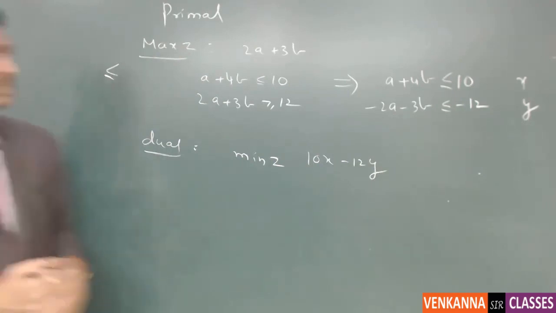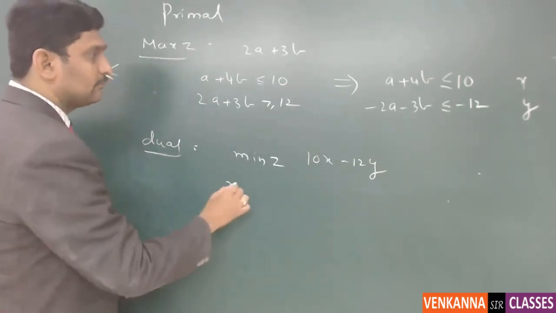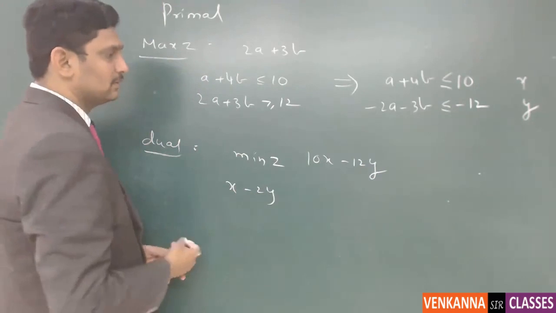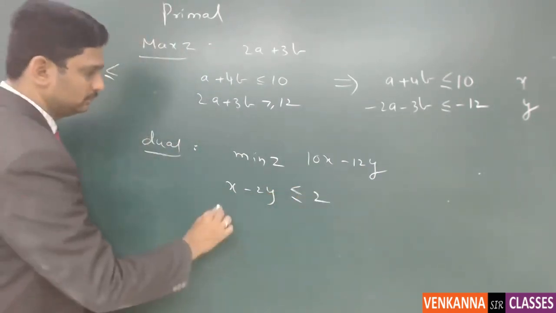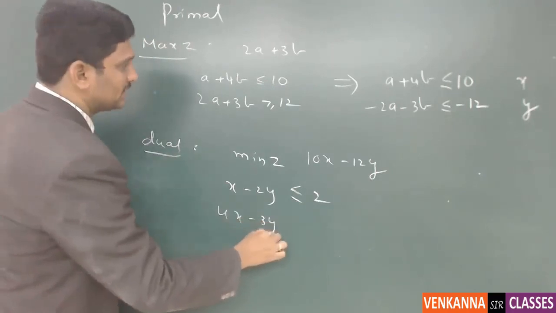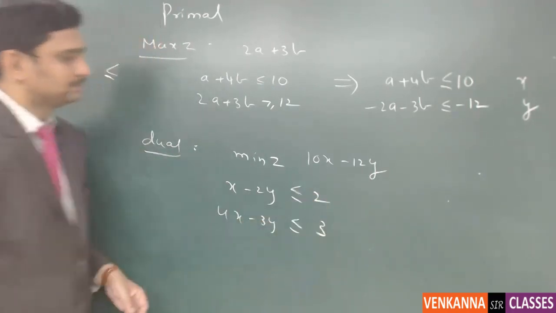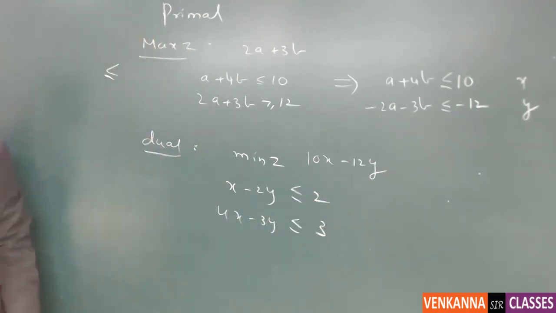Subject to the constraints that x minus 2y is less than or equal to 2, 4x minus 3y is less than or equal to 3. This is my dual problem. Please check on that, how it is formulated.